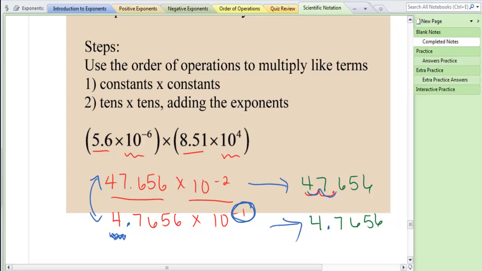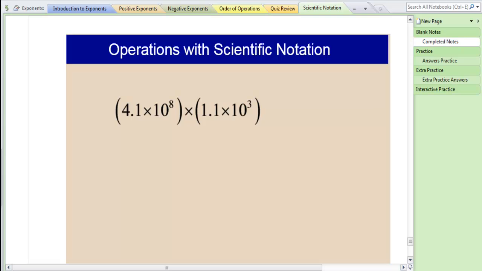A negative exponent moves the decimal to the left, making it a smaller number. So left is smaller for your smaller numbers. Moving your decimal to the right is for your bigger numbers. Now scroll to the next page and go ahead and try the next two problems.